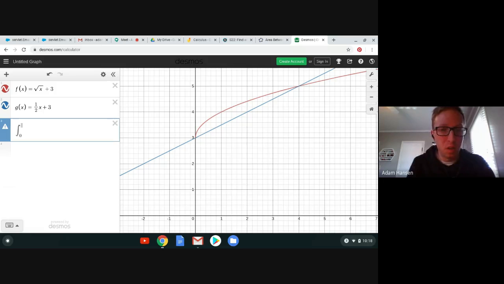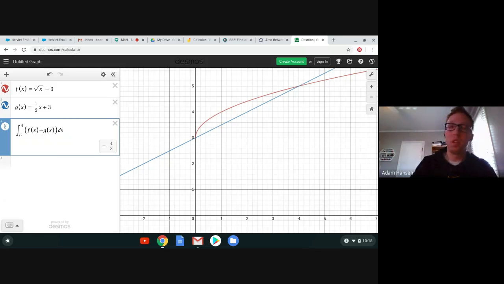Between 0 and 4 of the quantity f of x minus g of x dx is 1.3 repeating, or 4/3. That 4/3, once again, is the area of this region right here.